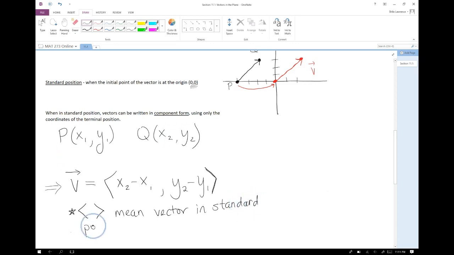And standard position means initial point 0, 0, and then terminal point is our component form. So we have terminal point x2 minus x1, y2 minus y1.